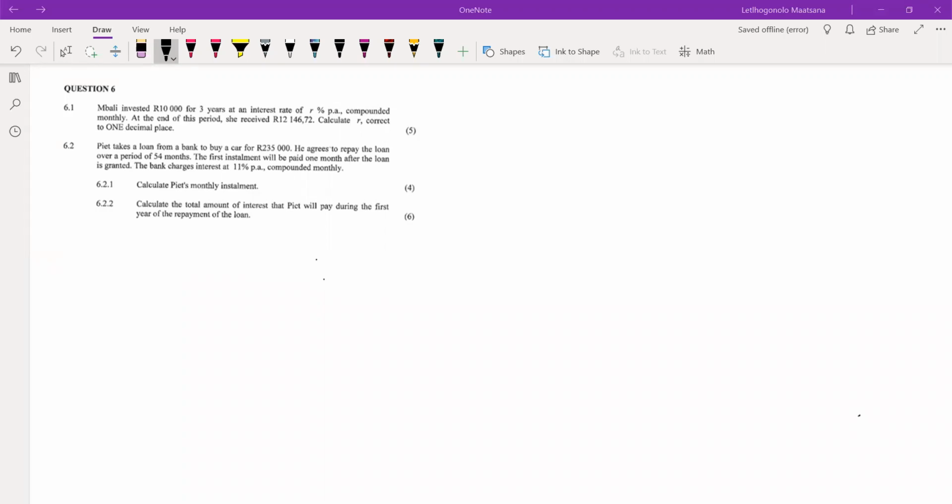Now, if you go and look at your answer sheet, you'll see that they did this in 3 ways. The first 2 ways, most importantly, the only difference between them is that the way they calculated the remaining balance after a year is different. But in both instances, they were just calculating the remaining balance after the year.